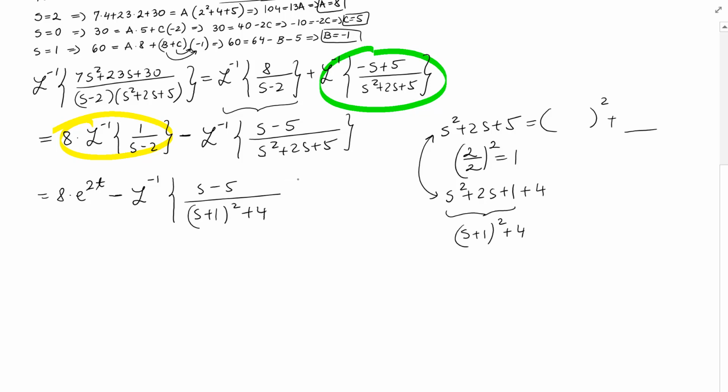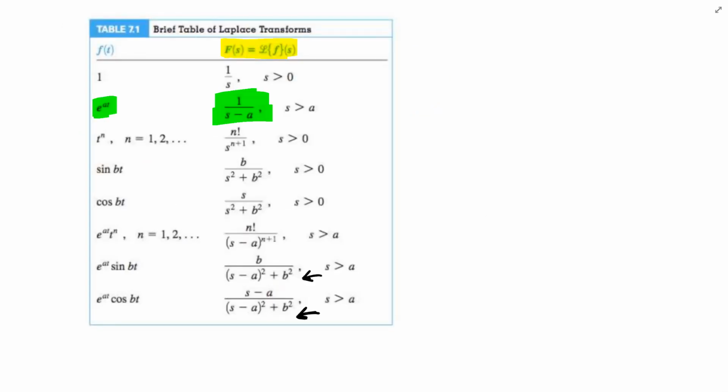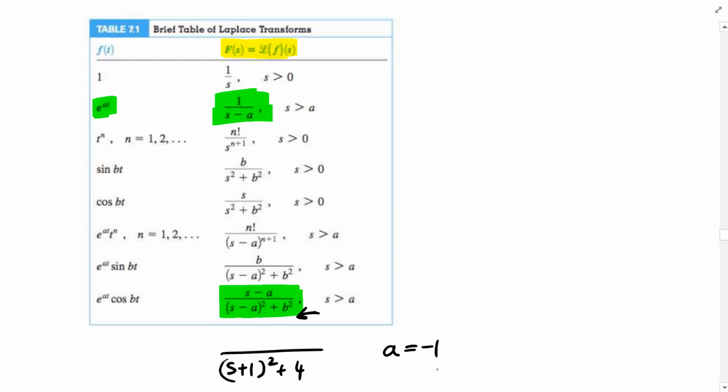Now if we look again in the table, it's much better. I can even identify that it must be this part, where I have s plus 1 squared plus 4. In our case, it's pretty clear that a is negative 1.